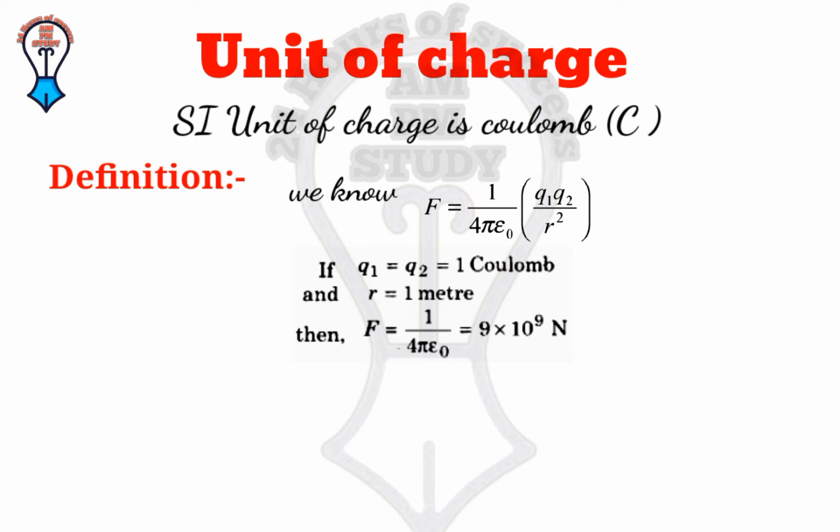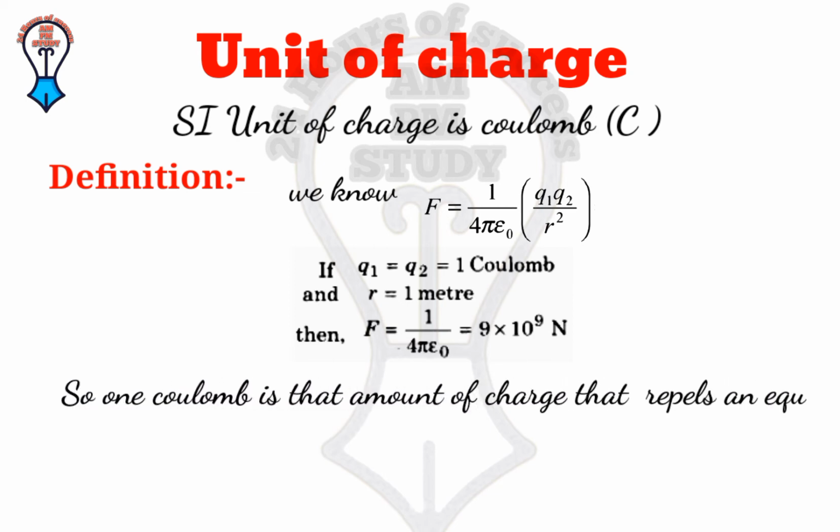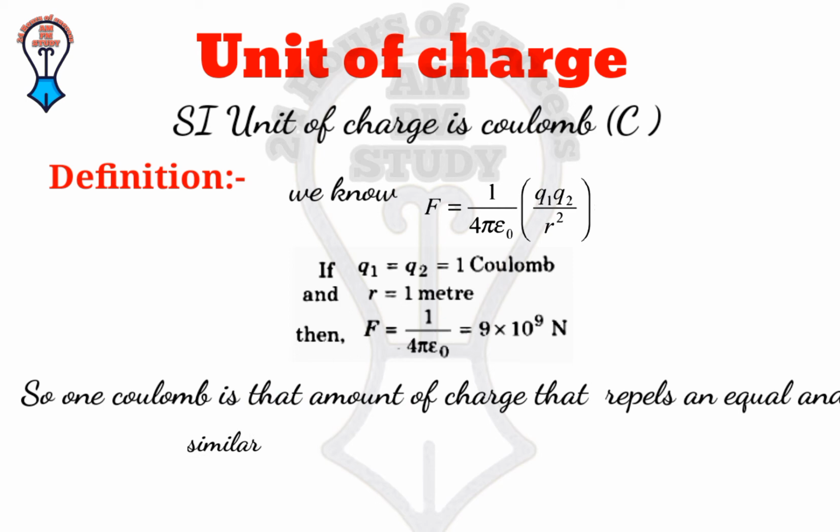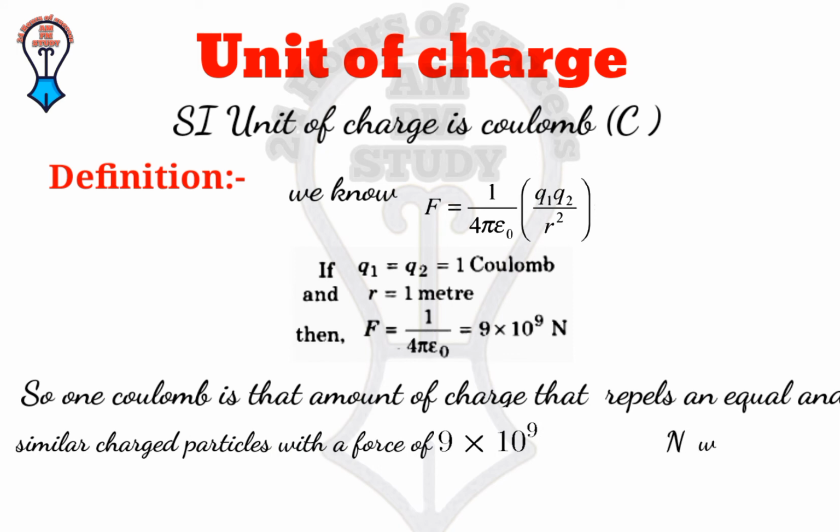If we put Q1 Q2 is equal to 1 coulomb and R is equal to 1 meter, then F is equal to 1 by 4 pi epsilon naught, that is 9 into 10 raised to power 9. So 1 coulomb is that amount of charge that repels an equal and similar charged particle with a force of 9 into 10 raised to power 9 Newton when placed in vacuum at a distance of 1 meter.